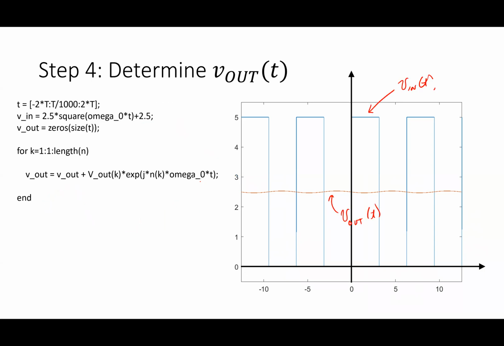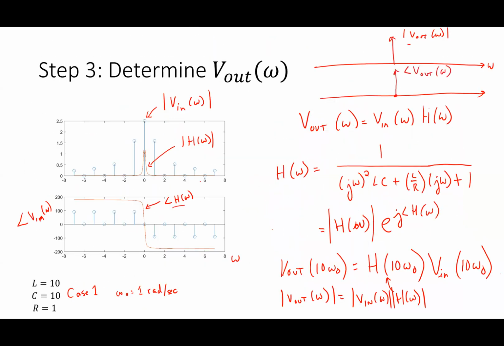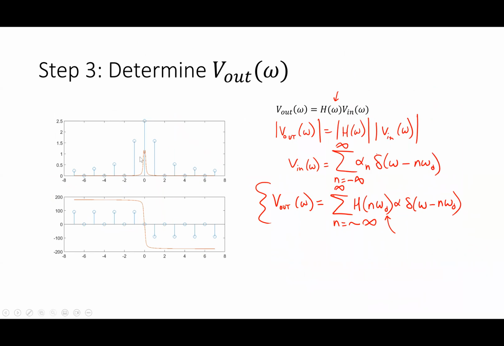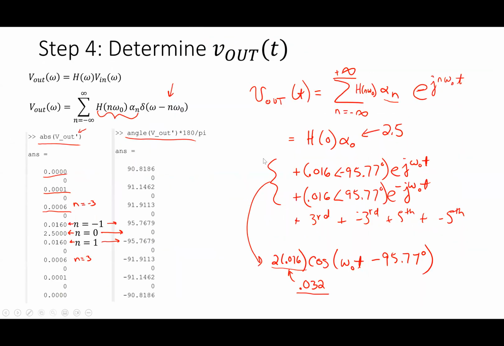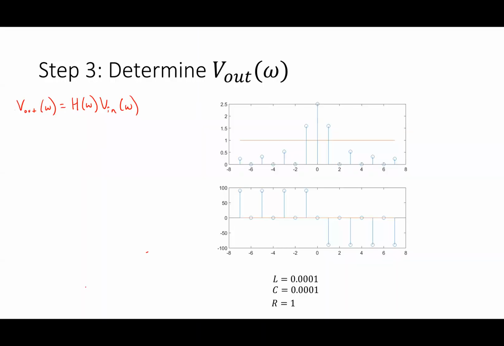Just out of curiosity, what if I took my h of omega and changed the values of L and C, so h of omega expanded outwards? That was the thing I did in the other case last time: for a different set of values, my h of omega is pretty constant, a magnitude of 1.